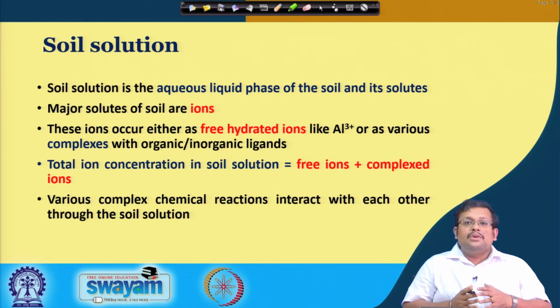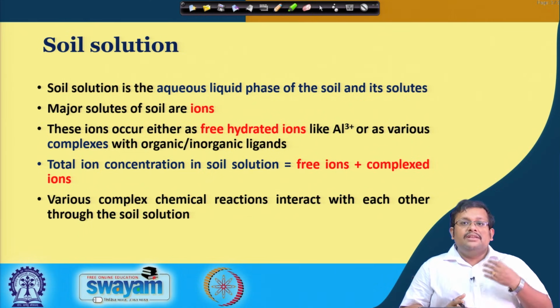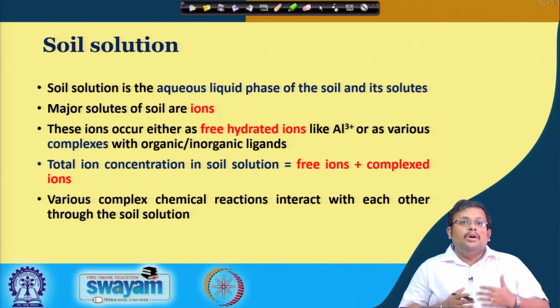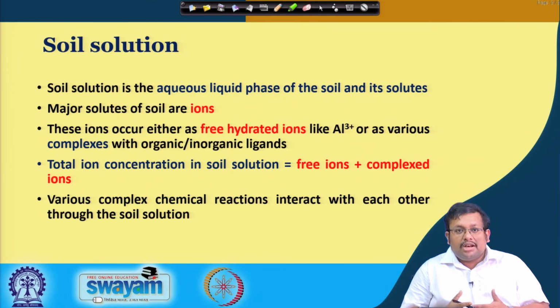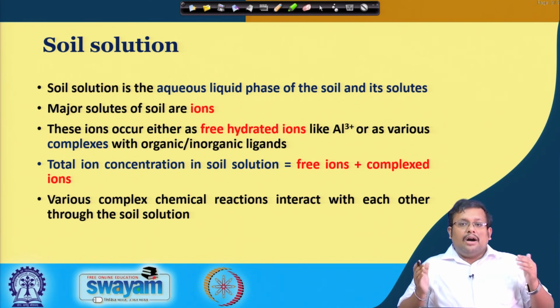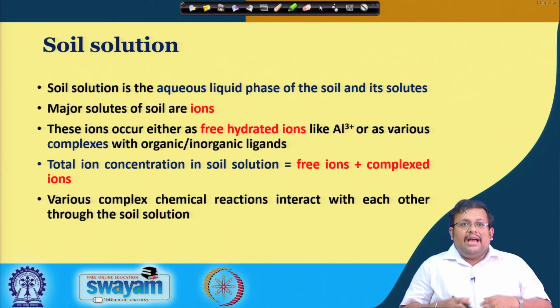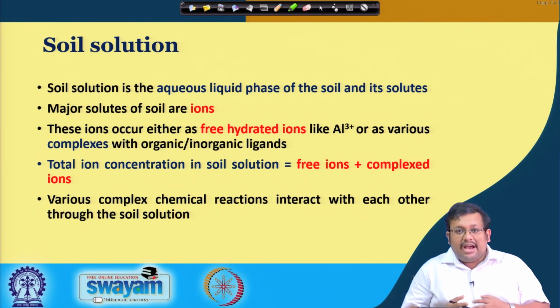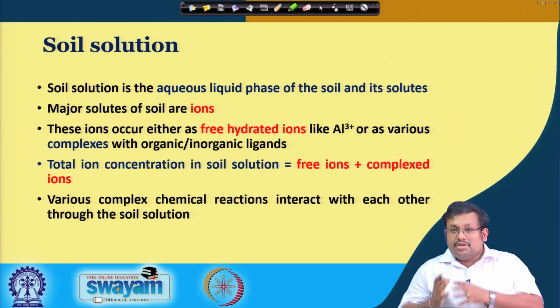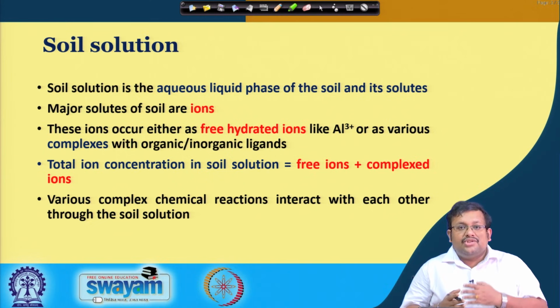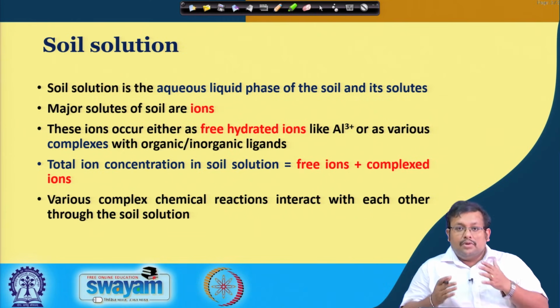So, what are the ligands? We have already covered in our previous week lecture when we talked about the chemistry of soil organic matter. So, you have a basic idea about the ligands and how they form, and these ions either occur as free hydrated ions like aluminum, which we also discussed in our last lecture, or as various complexes with organic and inorganic ligands. The ligands could be either organic or inorganic.